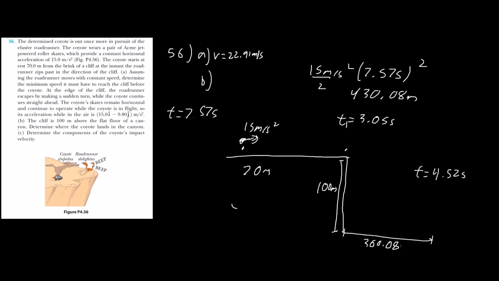And yes, I did just calculate this just now. So the whole distance that this would travel, the coyote lands in the canyon at x being 360.08 meters, if you want to round that. All right, so let's answer part C.